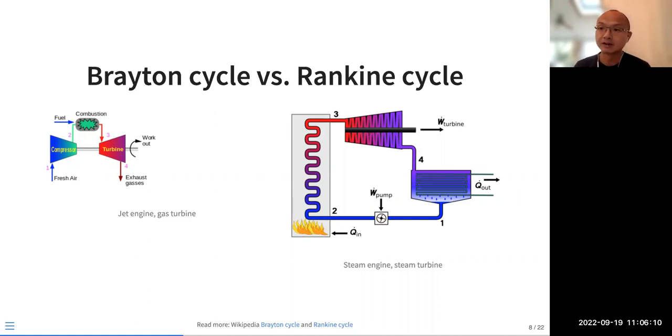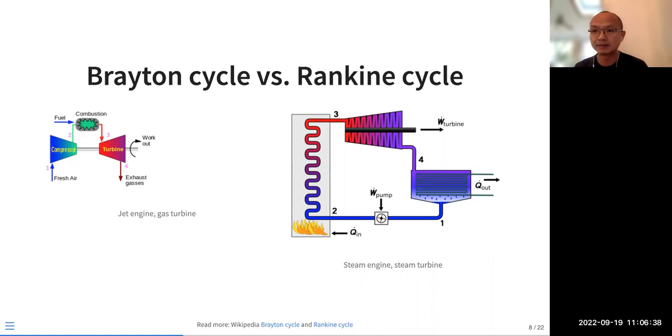When we talk about jet or gas, especially natural gas power plants, very often it's the Brayton cycle. We are talking about the Brayton cycle. And if it's a coal plant, we first convert water to high pressure steam, which drives the generation, and that's a steam turbine. It's talking about the Rankine cycle.